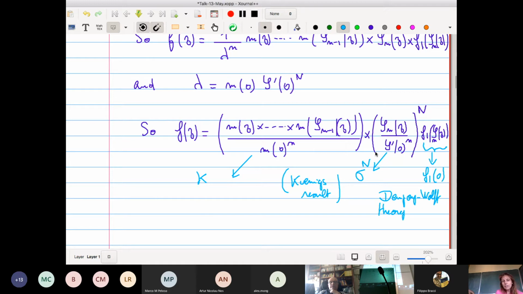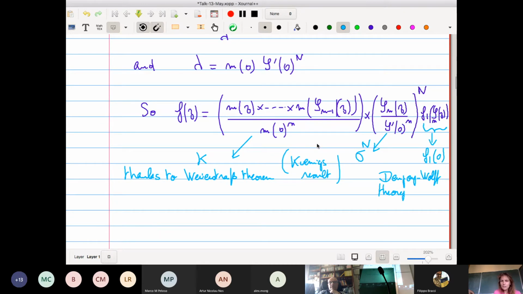So all the limits are taken uniformly on every compact subset of D, because that's the topology we put on D. And we prove that thanks to the Weierstrass theorem. So we prove that this product converges, because we just write it as, okay, just write more details here.